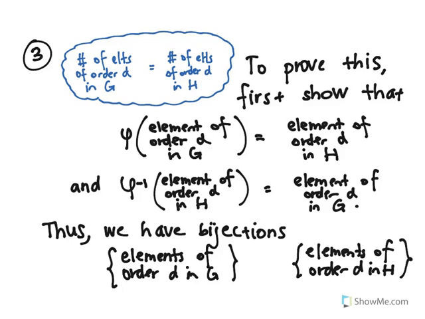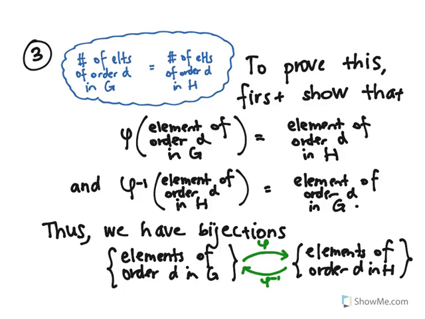And once you've proven this, then here's what you can do. You can think about the set of all elements of order d in the group G and the set of all elements of order d in the group H. And what we've just argued is that phi takes the set on the left to the set on the right, and phi inverse goes in the other direction. So these two functions are inverse to each other.